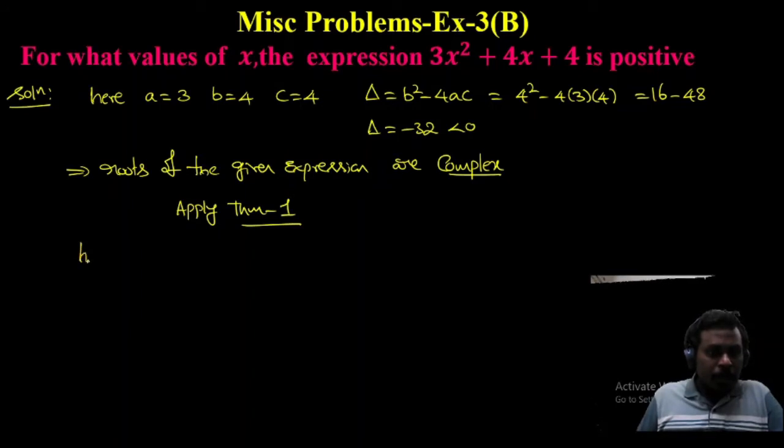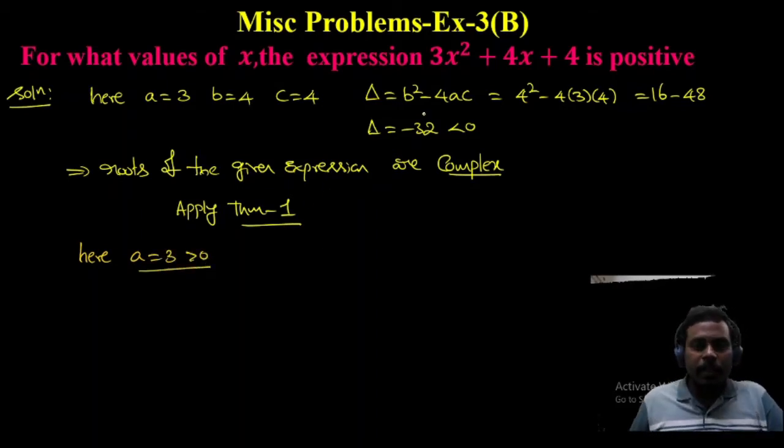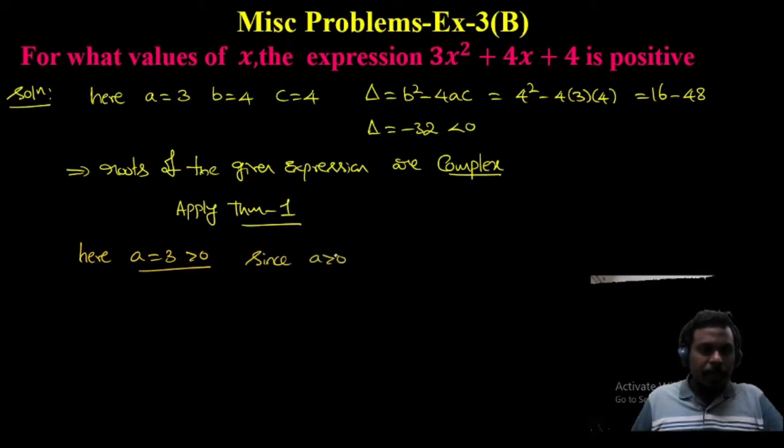So here in this problem, a is equal to 3, which is positive. So the conclusion says like this: the expression and a take the same sign. Since a is positive, let f of x be 3x square plus 4x plus 4.